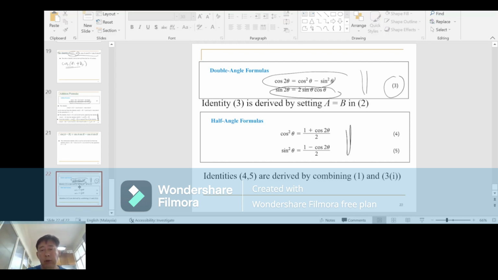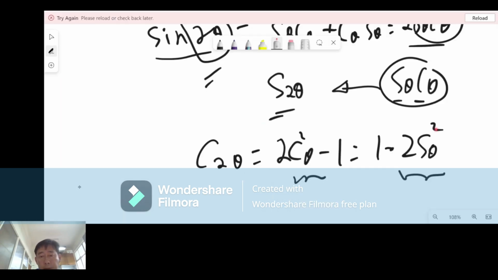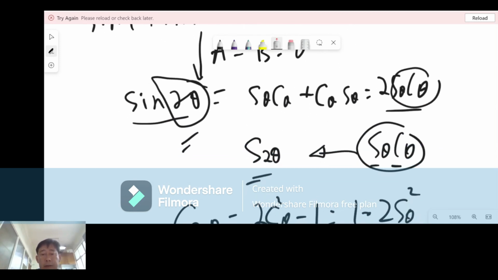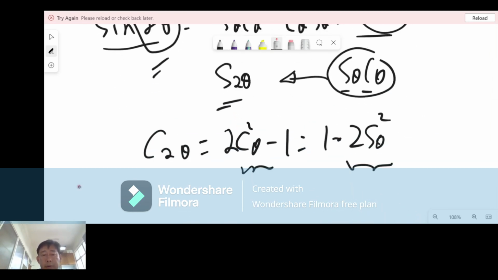And these two identities are straightforward. This is actually, to me, nothing different from the double angle formula, right? These two are exactly equivalent to each other, except that here you just make cos square theta and sine square theta the subject, based on the equation that I just wrote down.